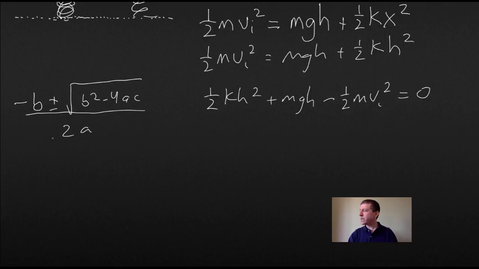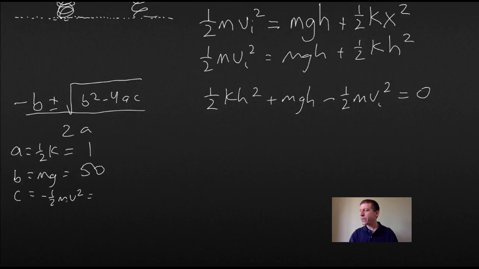So as we can probably see now, a is 1/2 k, and that's equal to 1/2 of 2, which is just 1. b is equal to mg, and that is the mass 5 times g, we're going to use 10, so that is 50. c is equal to negative 1/2 mv squared, which is 1/2 times m, 2.5. v initial squared is 9, so that gives us 22.5, and it is negative.